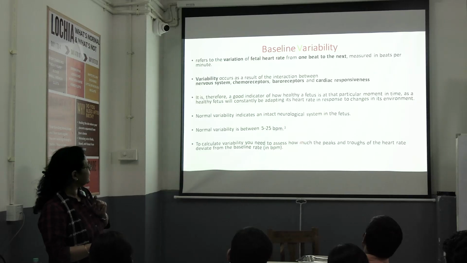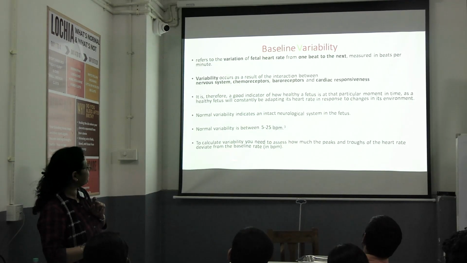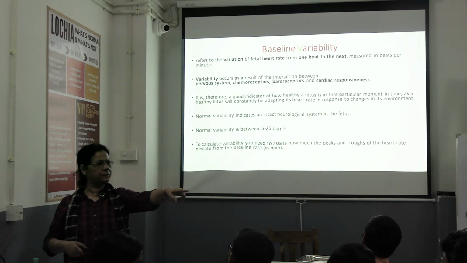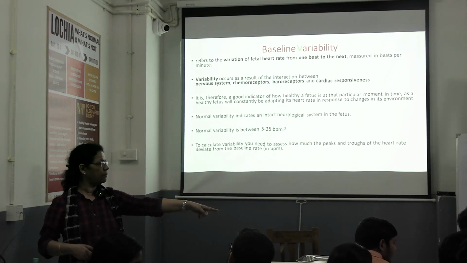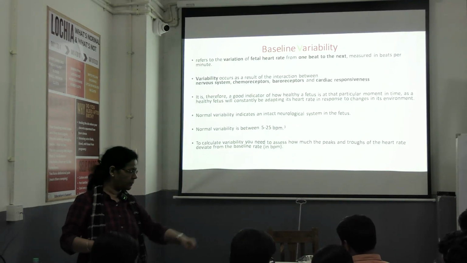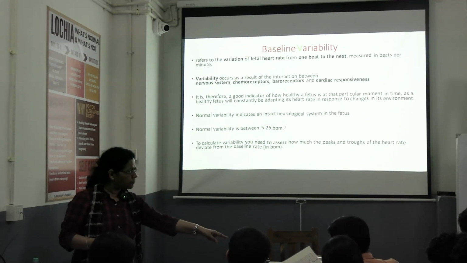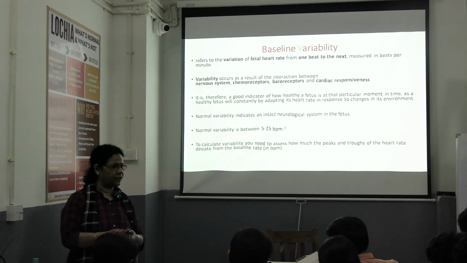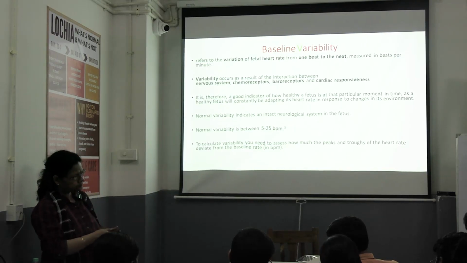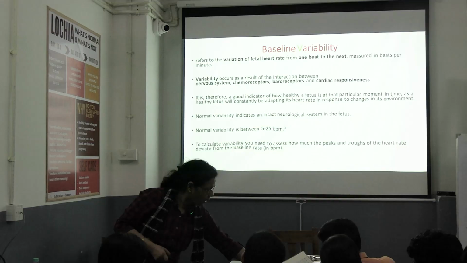And to calculate it, you need to assess how much the peaks and troughs of the heart rate deviate from the baseline. Have you seen the graph? Read what is the baseline heart rate? 130 to 140, and what is the beat to beat variation? Variability is beat to beat variation. See, sometimes it is these small undulations. See how it is going.